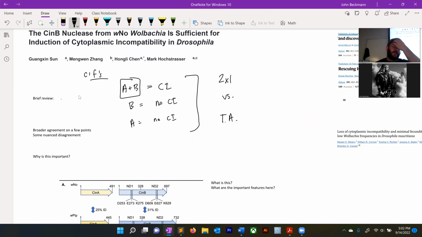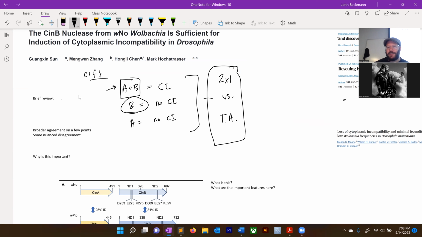The reason you might have seen this in one of the studies was because in one case, they could never make a B transgene insertion alone. The theory was it was killing the flies. And if you add the A, it makes sense that it would alleviate some of the toxicity, and that could get you CI. So there are these two different hypotheses.